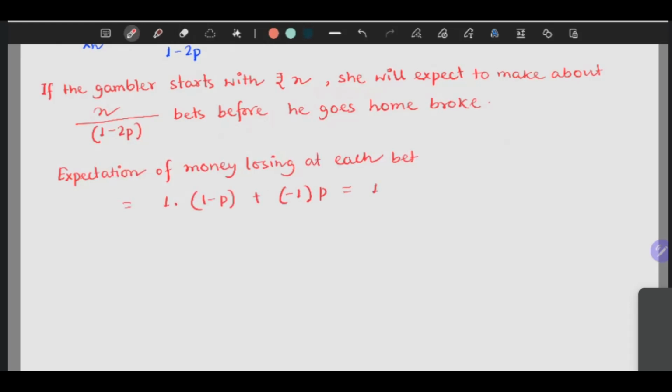So that was 1 minus 2p. So 1 minus 2p amount of money she is expecting to lose at each step. So to finish the whole n amount of money, she needs this many bets on an average, right?